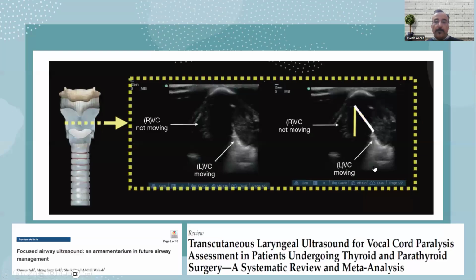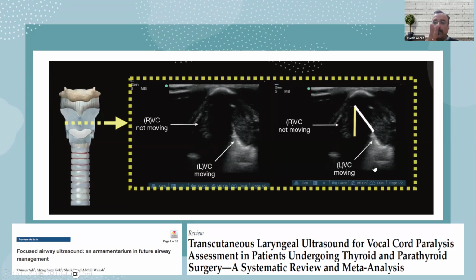So, evaluation of the vocal cords with the help of ultrasound is very easy. Once the spontaneous efforts start and the dressing has been done, the probe can be placed above the dressing with a slight caudal tilt so that you can visualize the vocal cords through the thyroid cartilage and observe the movements.